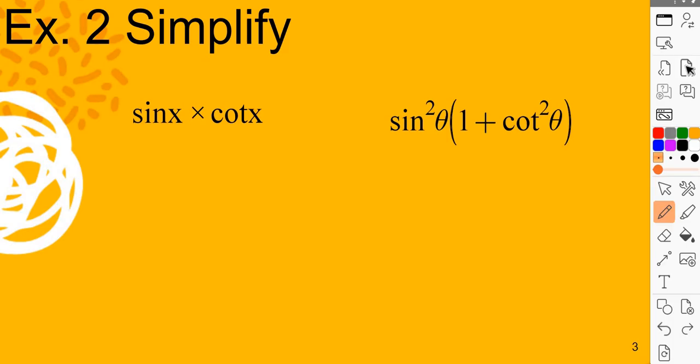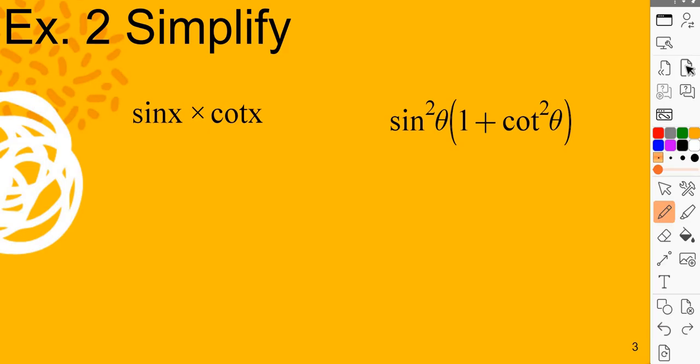Both sine and cotangent have a reciprocal identity, but I'm trying to find one that has both of those in it.